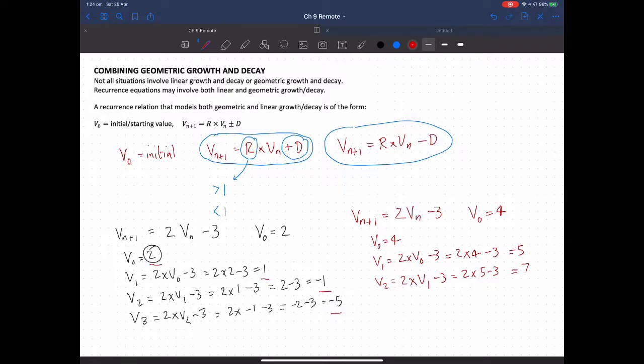Lastly, I'm going to work out V3. V3 is 2 times V2 minus 3. 2 times V2, which was 7, minus 3. 2 times 7 is 14. 14 minus 3 is 11. So you can see we've gone 4, 5, 7, and 11.